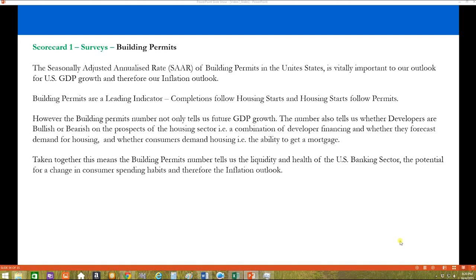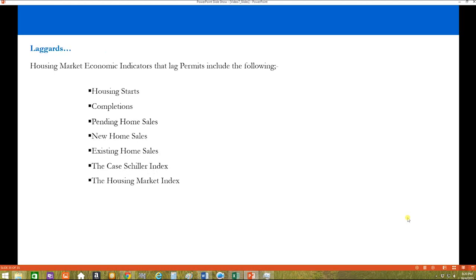And one final thing that I want to touch on with building permits is something that you should be thinking about across all economic indicators, as in whether it's a leading, coincident, or lagging indicator, and what your inputs are in terms of importance that you place on them. Because it's very easy as a retail trader to sit and look at the economic calendar of economic releases coming out and placing high importance on indicators that actually lag the economy, and using these indicators as inputs for your decision-making process in terms of taking positions in currencies.